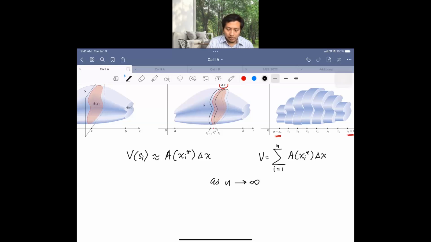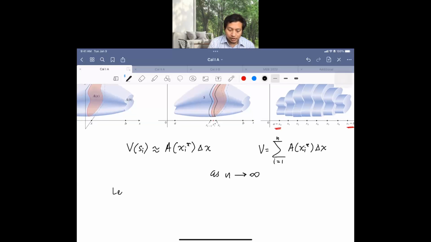Then let me write the definition more officially. Let S be a solid that lies between x equal a and x equal b.